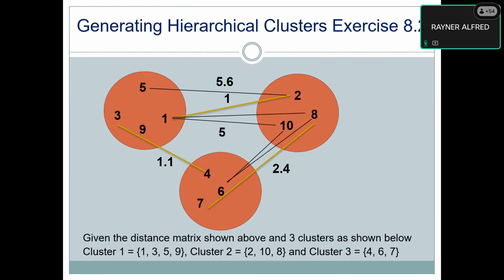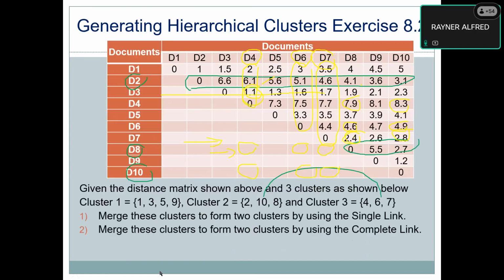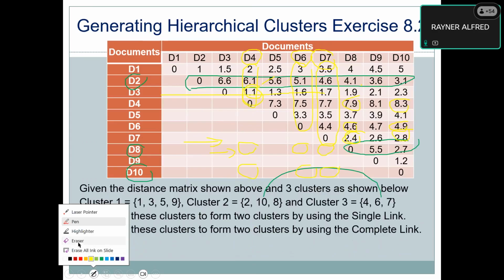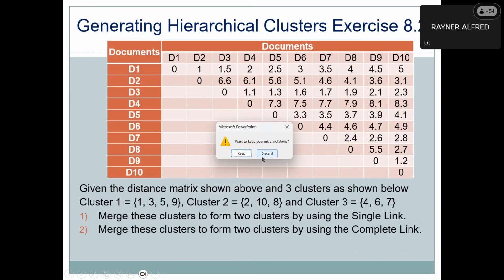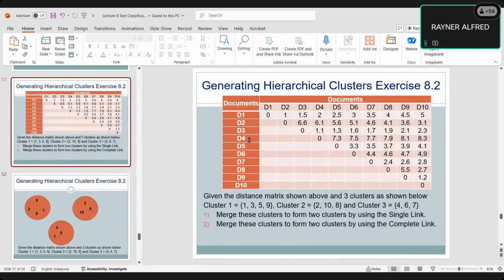So this is the solution for single link. Okay, now the other way around, because we have to be careful in which distance we are using now. Okay, that's all. Okay. So let's use coloring here, so it's easier to differentiate. So we have 1, 3, 5, 7. So this is red.